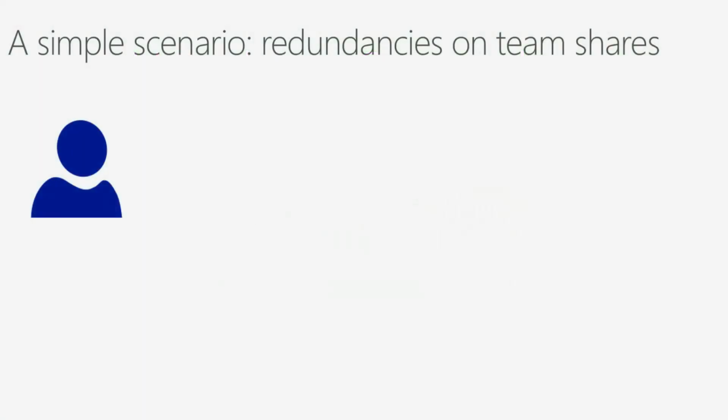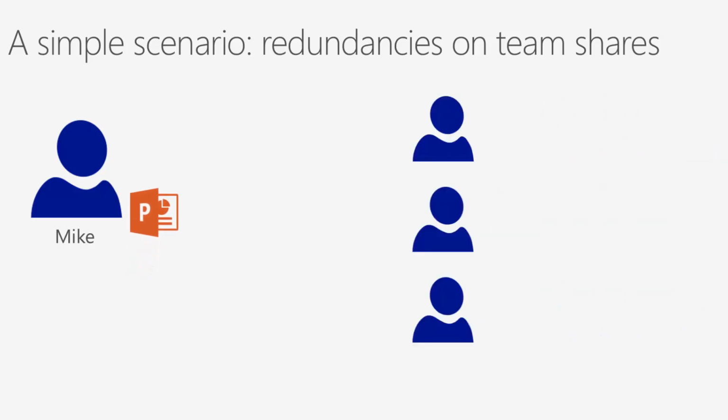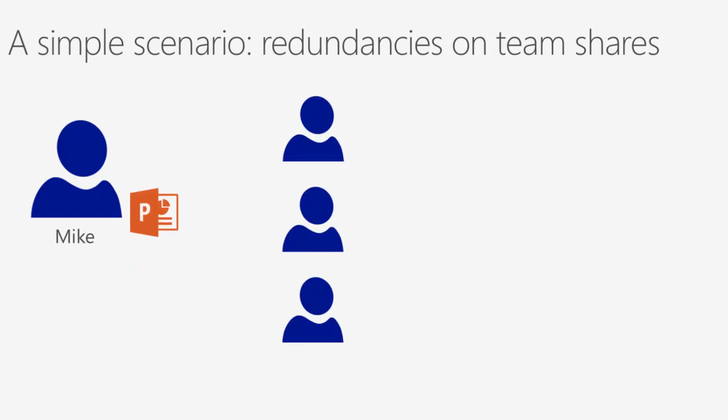To show how, let's look at a very simple scenario. Say that you have a user in your organization, let's call him Mike, that has just delivered a really great presentation to his team using PowerPoint. After the presentation, he mails the PowerPoint slide deck out to his team. And everybody saves it on their team share for reference.